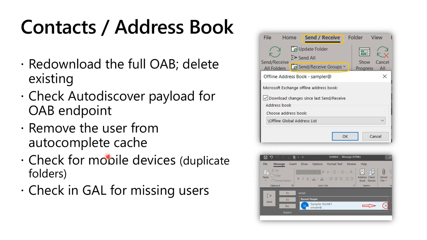And check if there are conflicts with ActiveSync devices, with any mobile devices that have this user profile configured. And then if, let's say, one or specific contacts are missing, we can check if those missing contacts are in the GAL, the Global Address List, using Outlook Web App. It should be shown in Outlook Web App before we troubleshoot with Outlook.